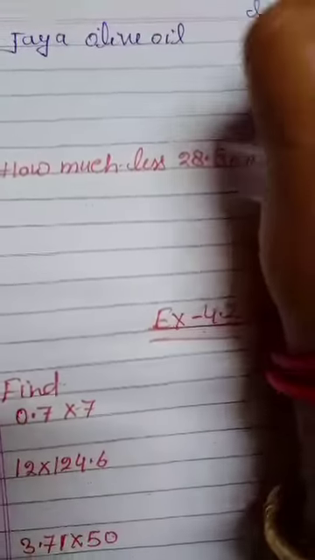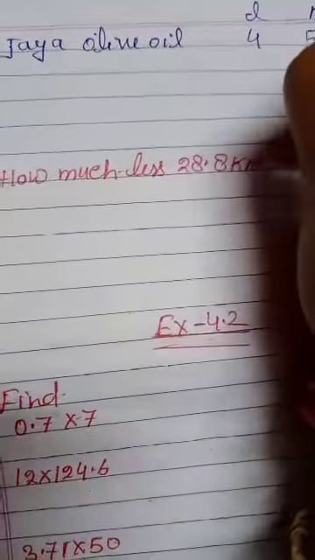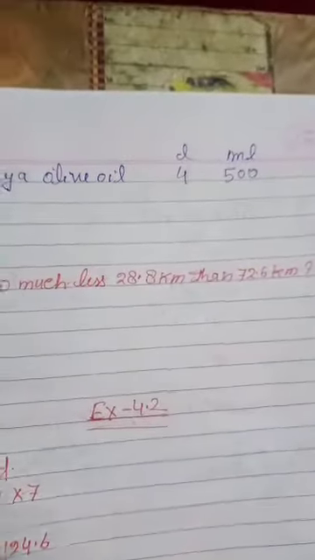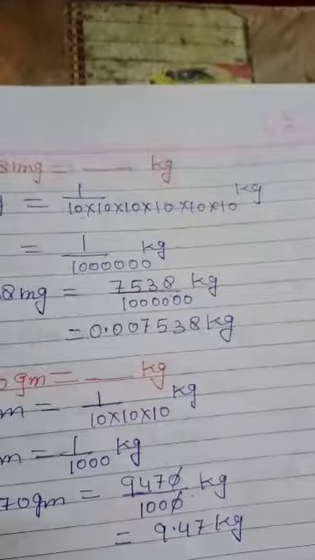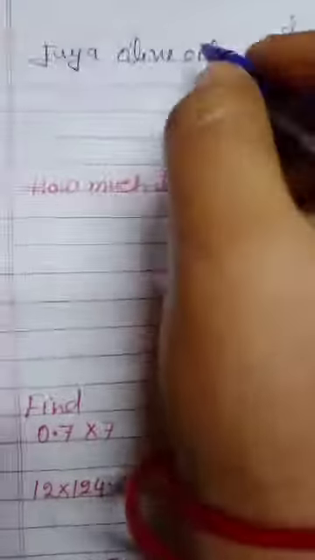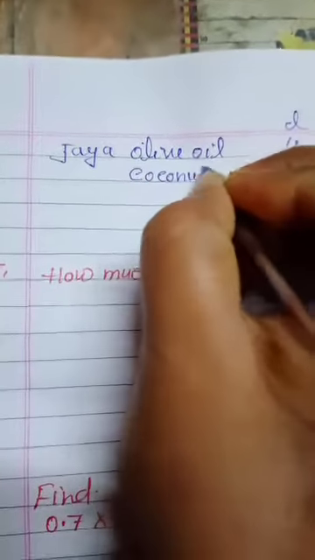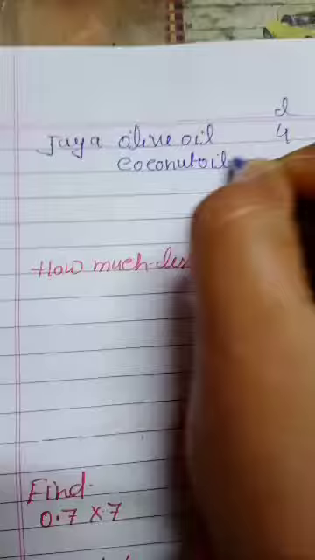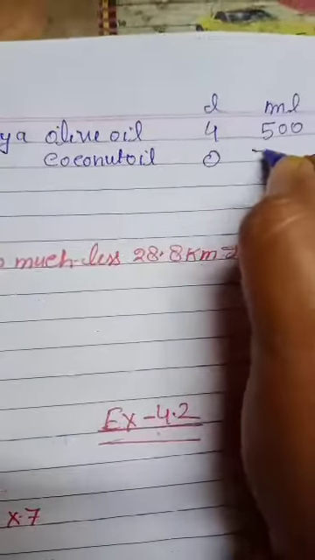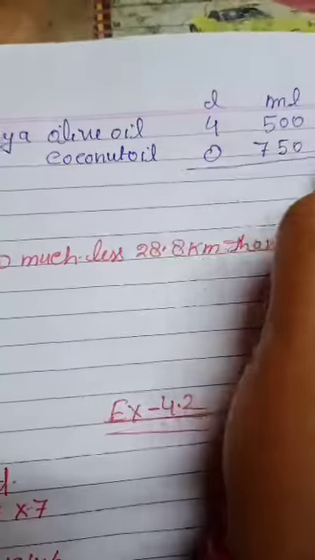Again I am writing liter and ml. 4 liter and 500 ml of olive oil, and coconut oil, how much has she purchased? 750 ml, so 0 liter and 750 ml. Now add both of them.